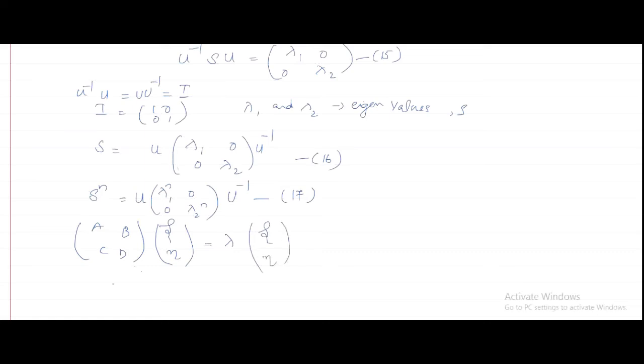Here the above equation is called an eigenvalue equation and can be rewritten as A minus lambda, B, C, D minus lambda, theta eta equals 0. For a solution to exist, the determinant of this matrix must vanish.